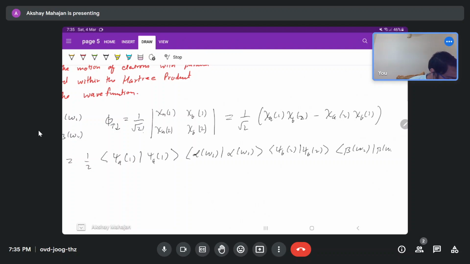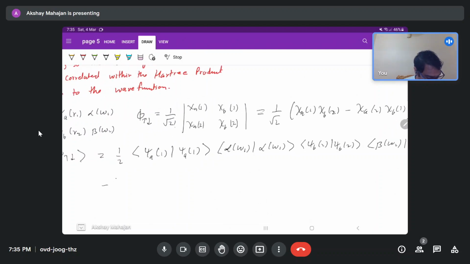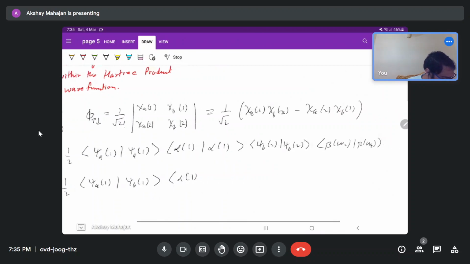and beta omega 2. Then you have minus half, you will get psi A of 1 and psi b of 1, then alpha. Let me just write as running 1 into 2 to make it fast.